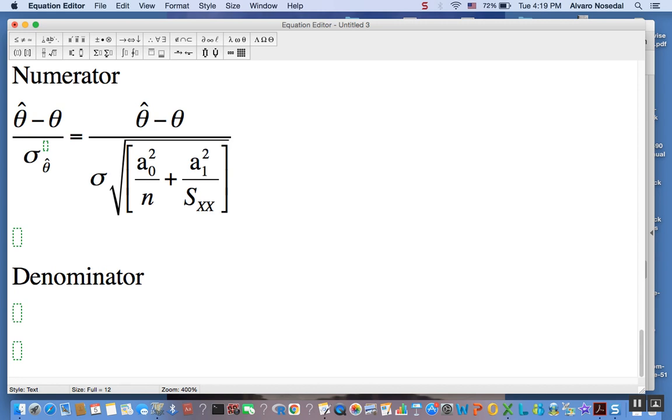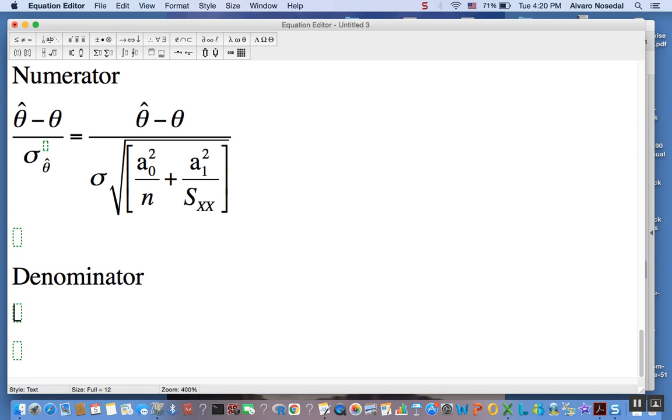Also, from our discussion about the orthogonality theorem and orthonormal bases, we were able to justify that the sum of the squared residuals divided by sigma squared has a chi-square distribution with n minus 2 degrees of freedom.